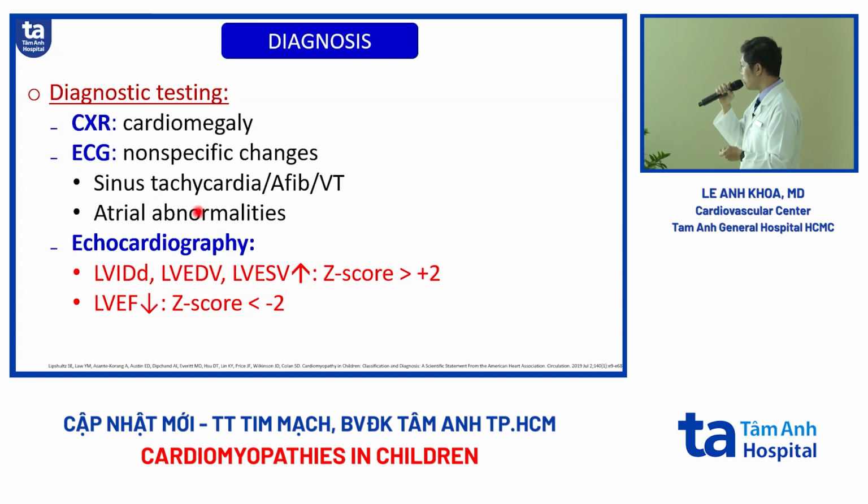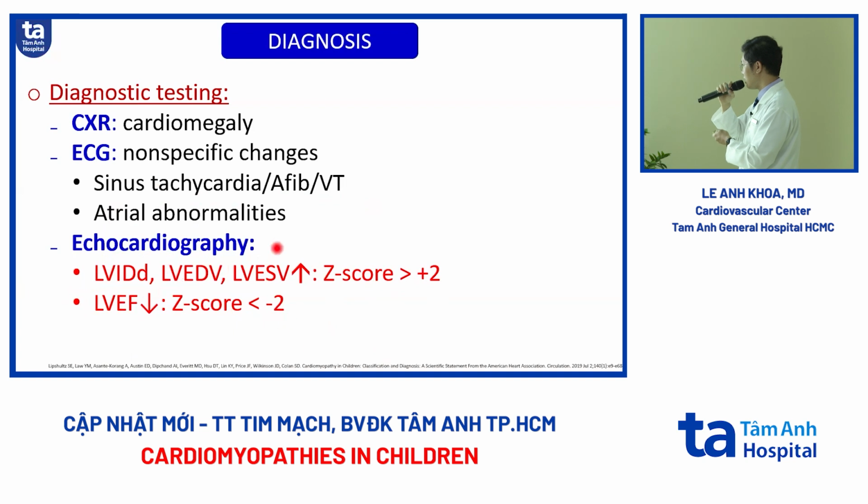Echocardiography is the most important tool for diagnosis of dilated cardiomyopathy. In contrast with adult patients, the criteria for diagnosing DCM in children are based on the Z-score. We can use the parameters of LVIDD, the left ventricular internal dimension in diastole, and LVEDV.